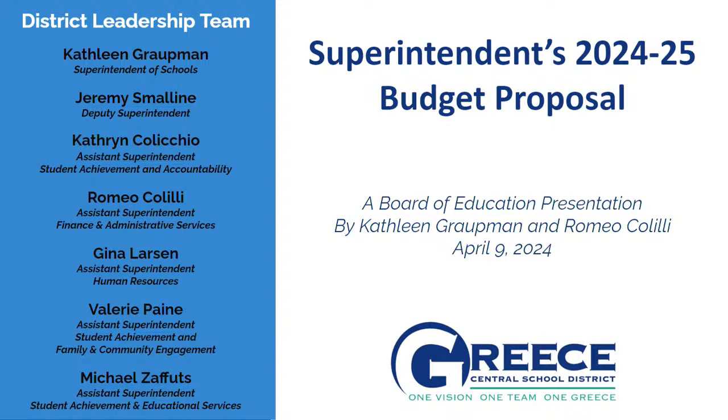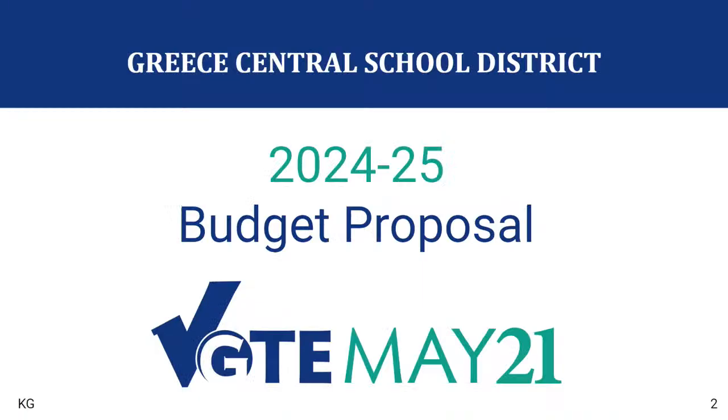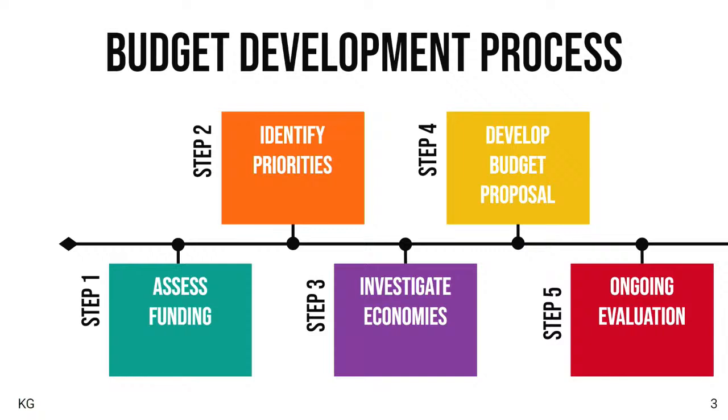I'm going to take you through the budget development process. I've used this slide, not exactly the same format, every year. When I started working with Romeo 9 years ago, what was important to us, and what we didn't necessarily have, was a really articulated process for developing a budget. So as we started working together, it was important that we come up with a predictable pattern and process for how we go through this every single year. That may seem boring or redundant to some, but for us, it's important to build trust and transparency.